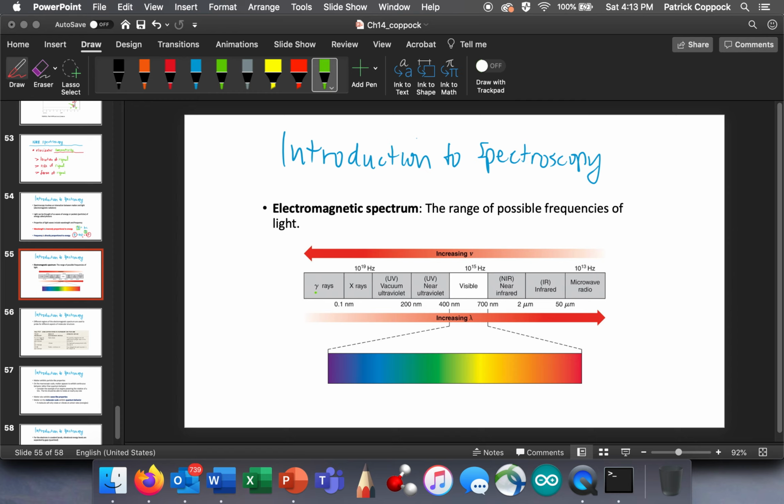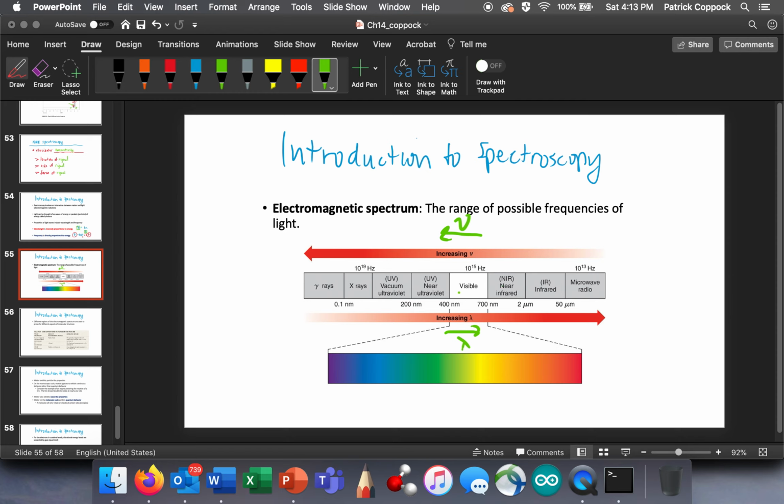Now let's review what the EM spectrum looks like. The light in electromagnetic radiation is a relatively narrow band. Here increasing frequency is that way, and increasing wavelength is this way, because they're inversely proportional.